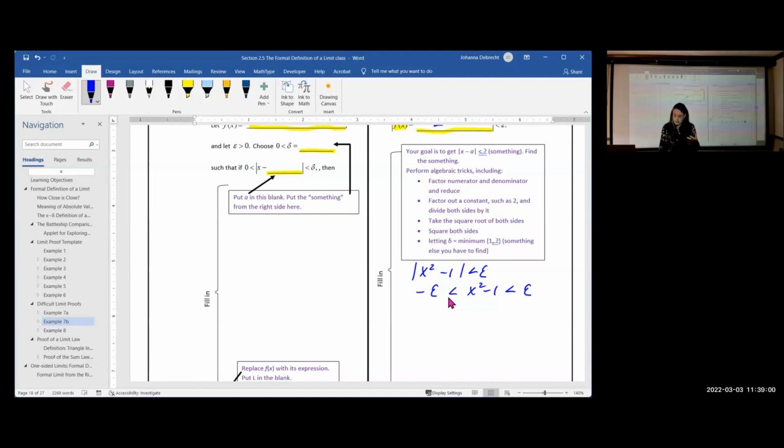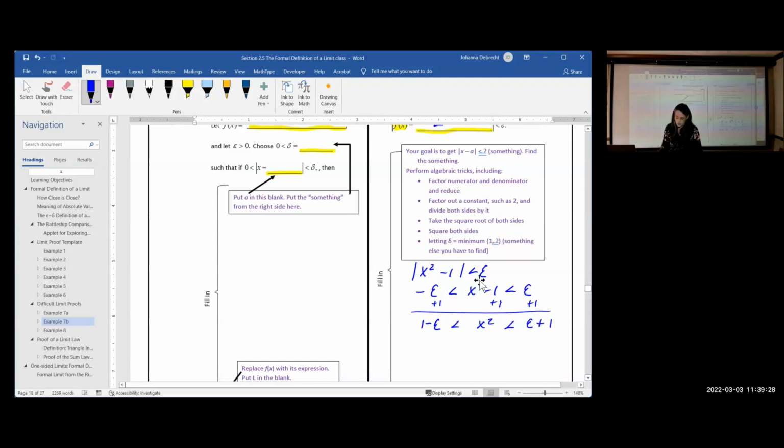Now I want to isolate the variable x in the center of this triple part inequality. And so I'm going to solve for the x squared by adding 1 to each part. So when I add 1 to each part, I end up with 1 minus epsilon less than x squared less than epsilon plus 1.